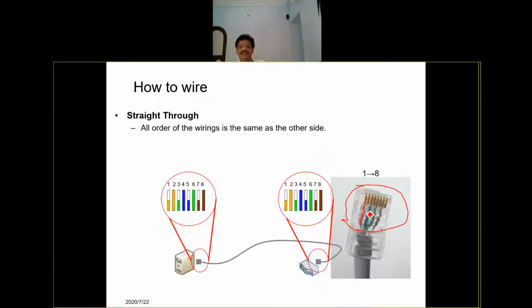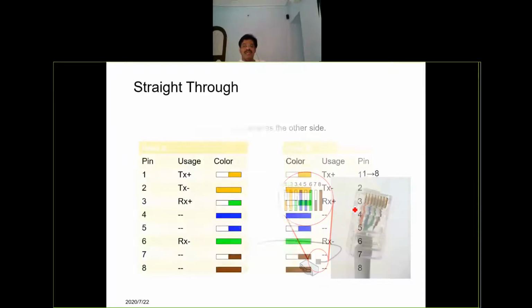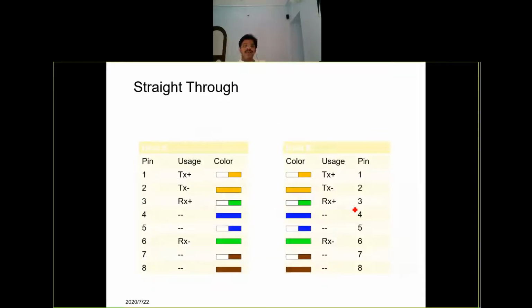And when the conductors are inserted, the insertion should be a proper insertion. That is, white orange should be connected to this conductor, then orange should be connected to this conductor. It should be the specified sequence. And after placing the conductors in the RJ45 jack in this particular configuration, we are actually creating a straight through cable.